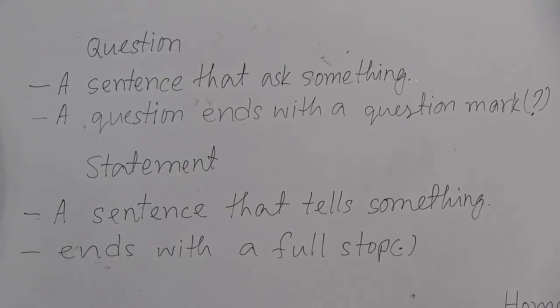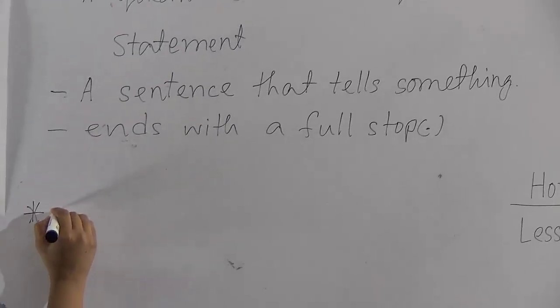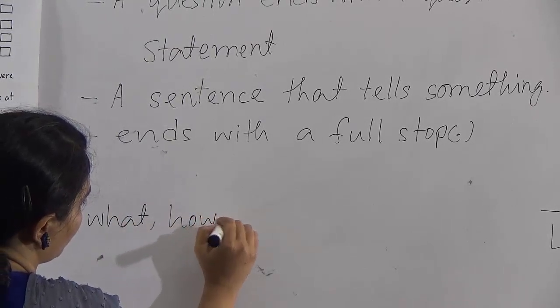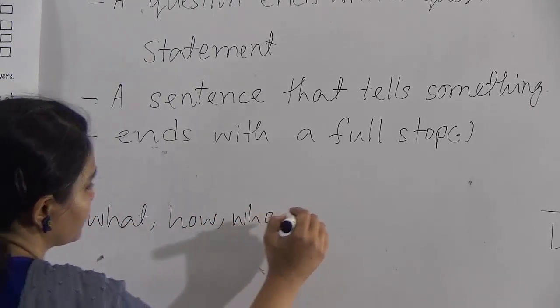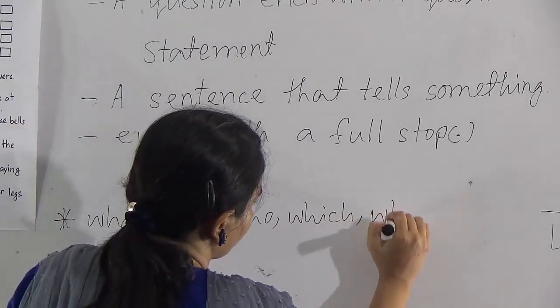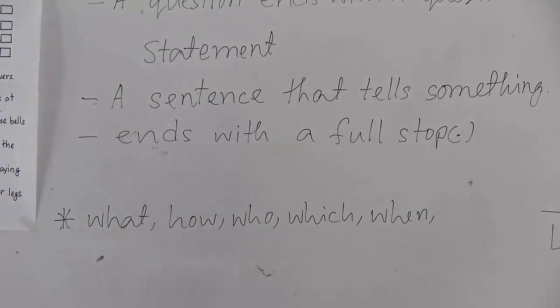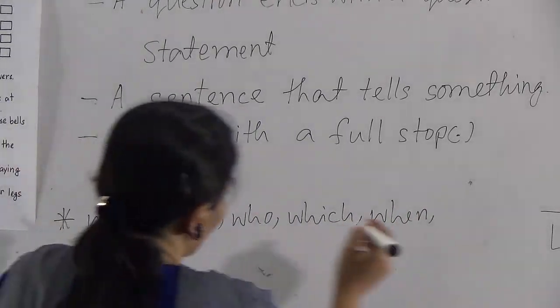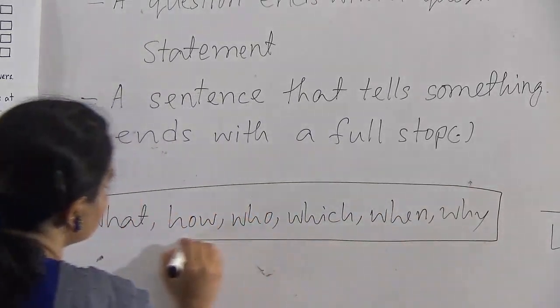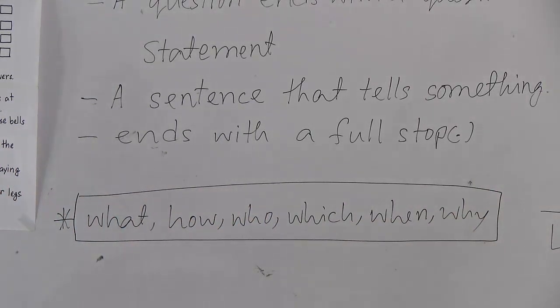But to ask question, we use some words. Most of the time we use what, how, who, which, when, why, etc. So these words are used to ask question, and we use these words at the beginning of a sentence to ask question.